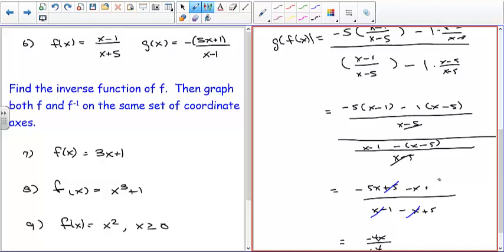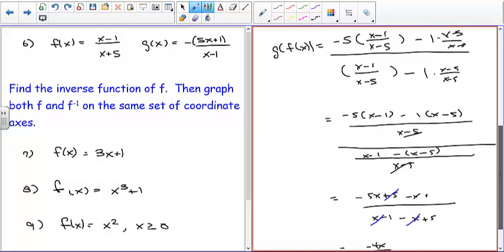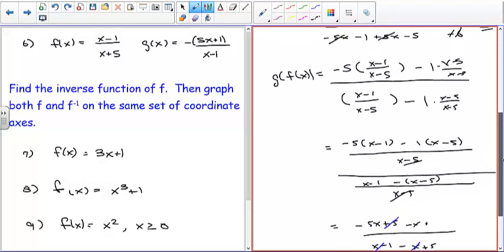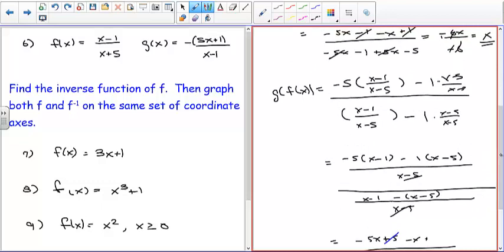So I'm still having a problem. Oh, that should be plus. That should be plus. That should be plus. So multiplying by plus. So that's going to be plus. That's going to be plus. Down here, that's going to be plus.